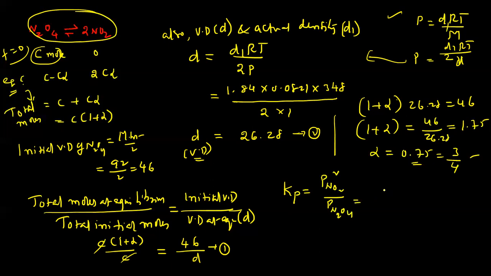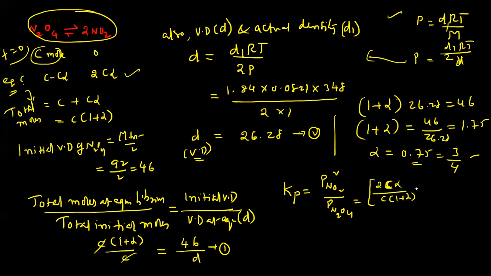Partial pressure of NO2 will come from the number of moles at equilibrium, which is nothing but 2C alpha, divided by the total number of moles, C into 1 plus alpha. This is a mole fraction into total pressure.